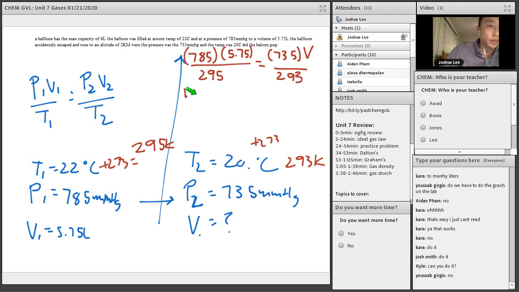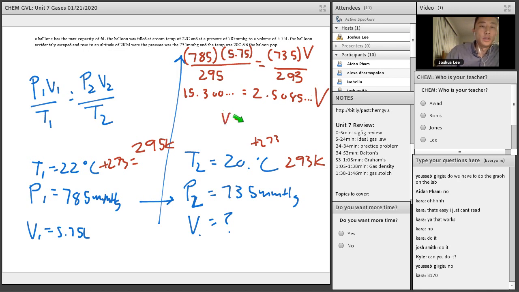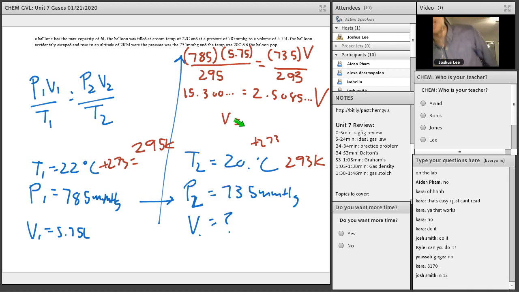So this side becomes 15.300 dot dot dot, equals 735 divided by 293, which equals 2.5085 dot dot dot, times V. Then you get a volume of 8,170.